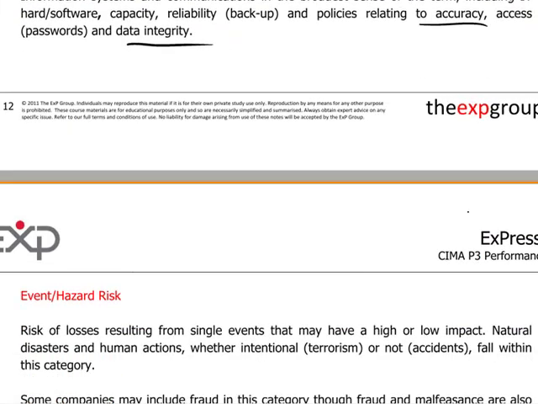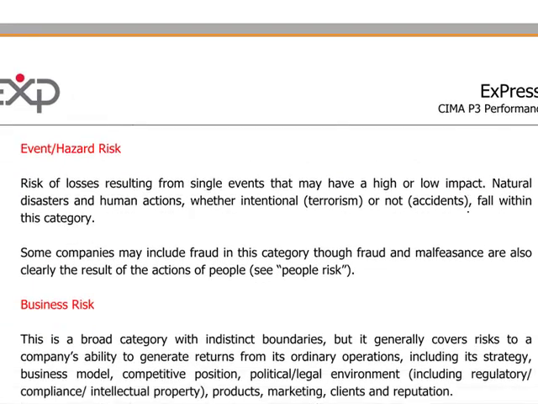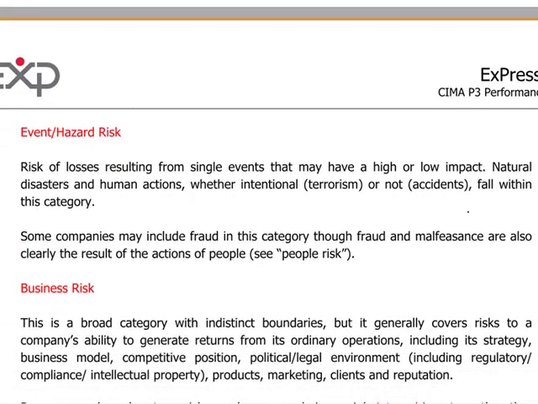That's also a broad area and an area for specialists. Then there are the risks which are characterized as being related to an event or a hazard, single events that may have very high or, on the other hand, a low impact. Here we would think of natural disasters, be it earthquakes and so on, or human actions such as a terrorist attack which could have a debilitating effect on a business.